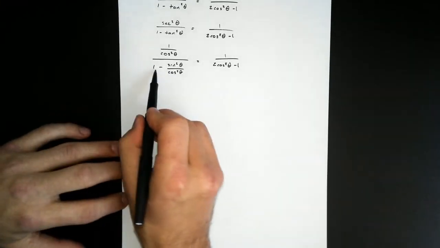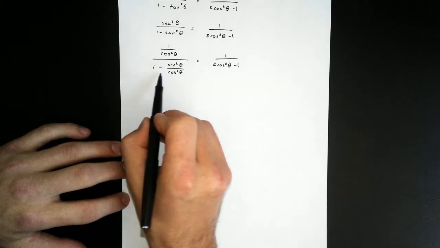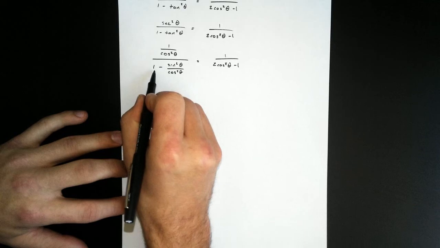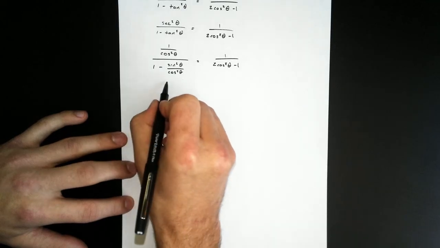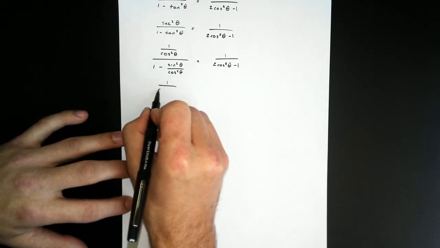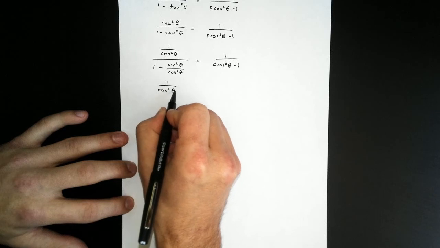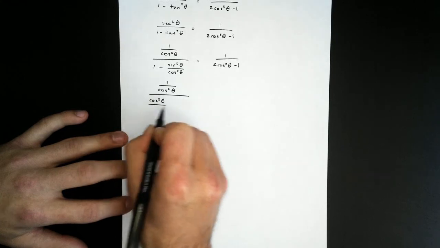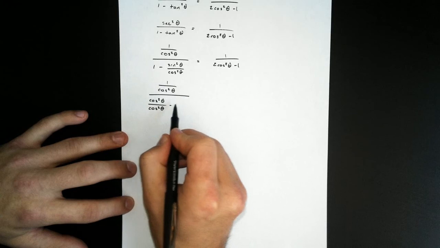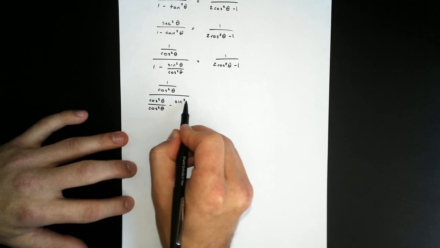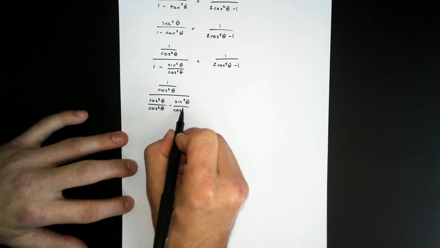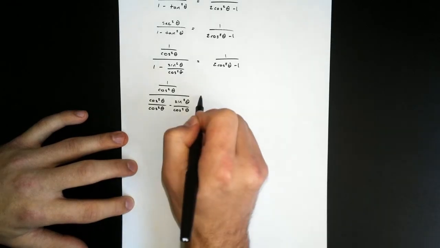To combine these two terms, we need a common denominator. So I'm going to turn this 1 into cosine squared over cosine squared. Let me write that all out. So here's our numerator, and then in our denominator we'll have cosine squared over cosine squared, that was the 1, and then minus sine squared over cosine squared.